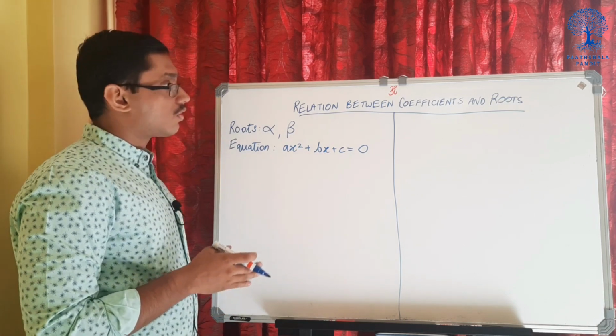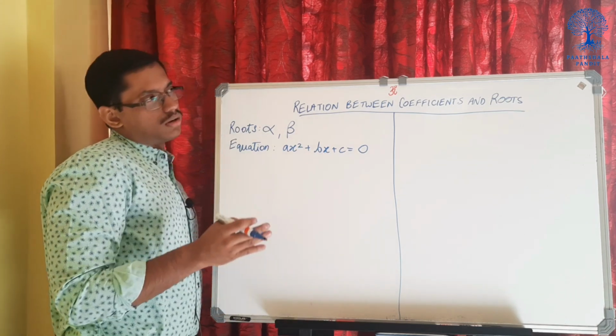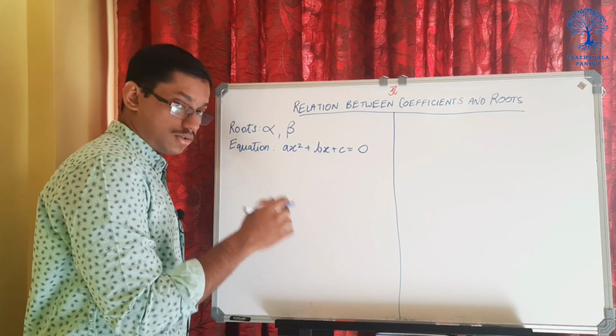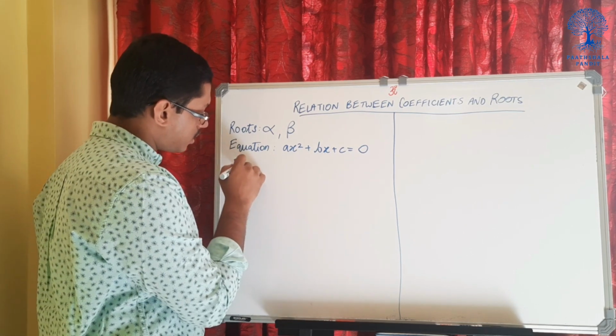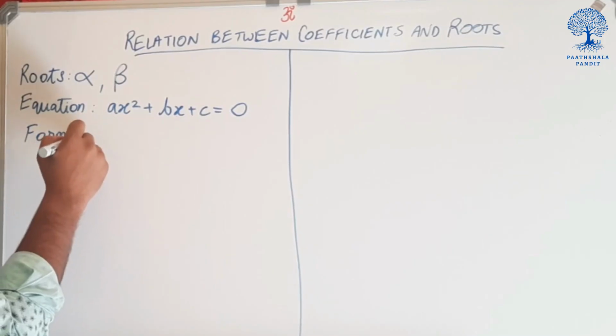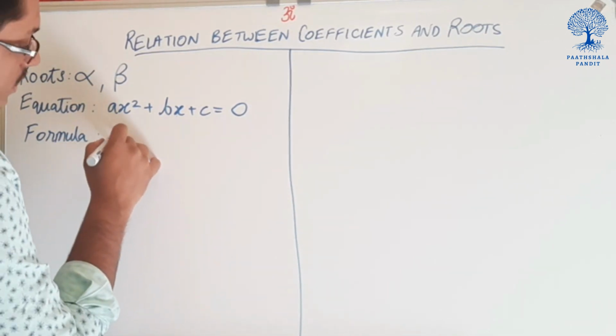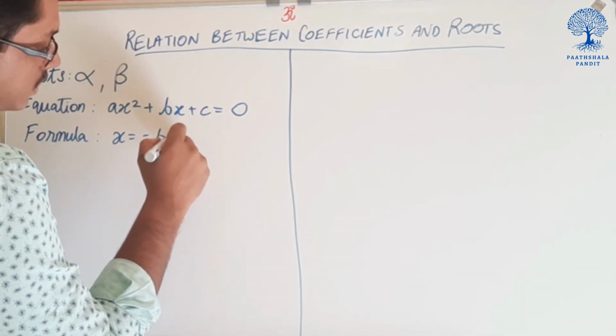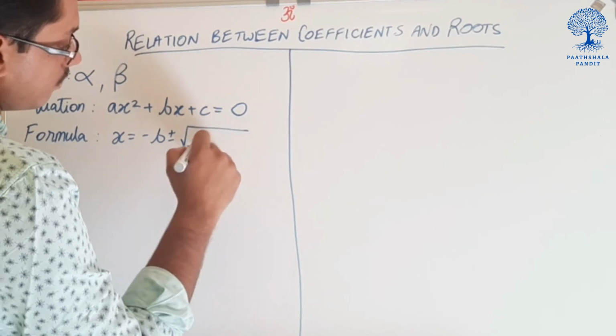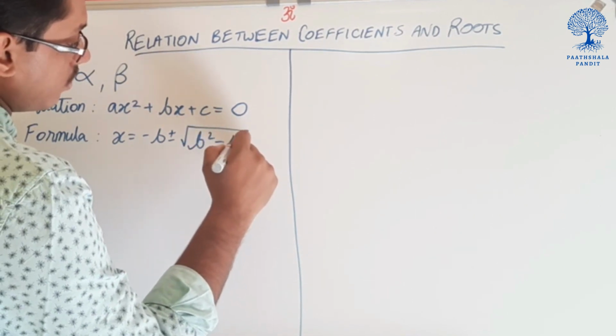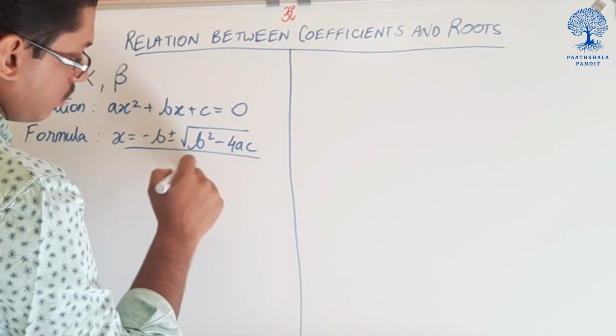Now we will write the formula to find the roots. Formula is x equals minus b plus minus root of b square minus 4ac by 2a.